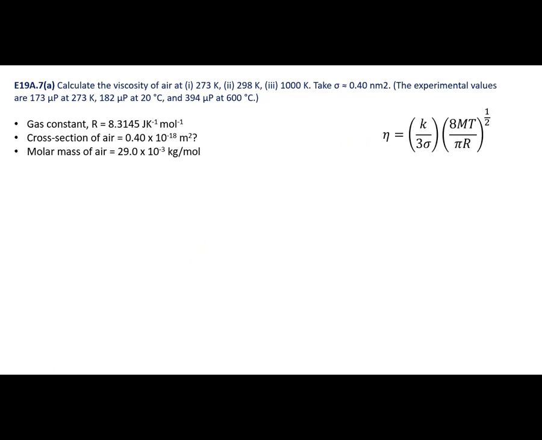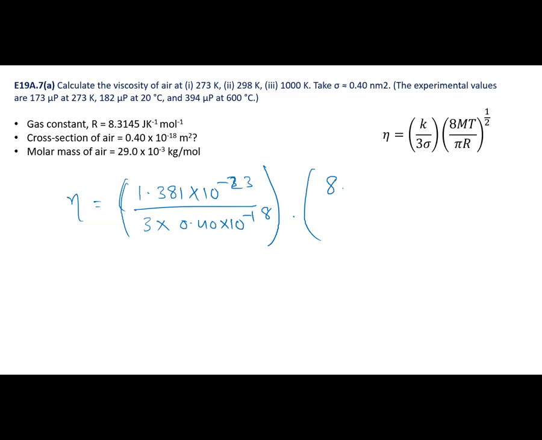So whenever you are asked to do the same mathematics with different values, you need to derive a general equation. So what we can do is substitute all these parameters. 1.381 times 10 power negative 23 over 3 times sigma 0.40 times 10 power negative 18, and here this is 8 times molar mass 29.0 times 10 power negative 3.